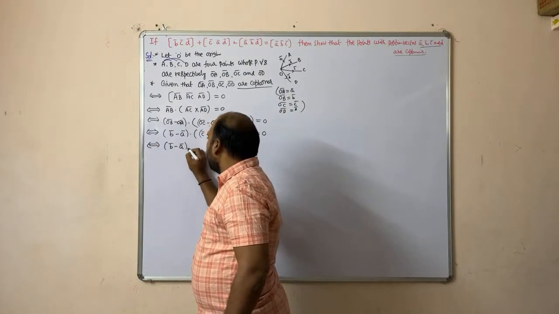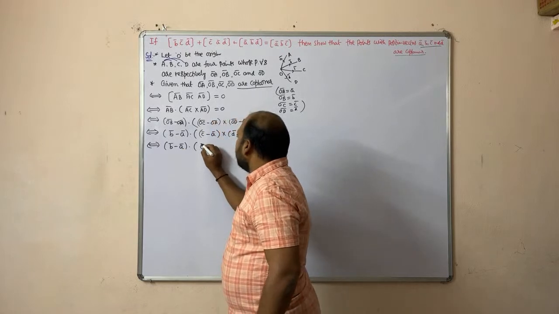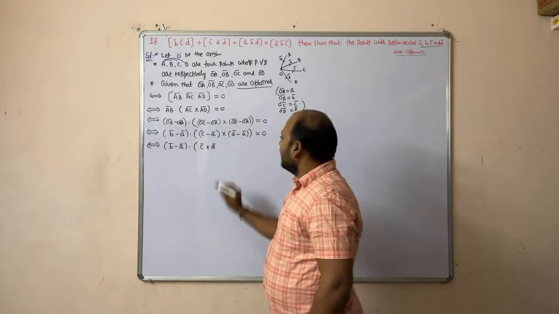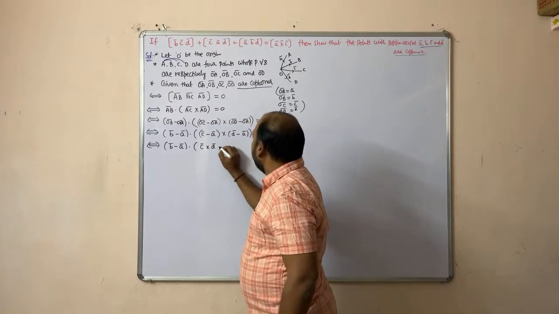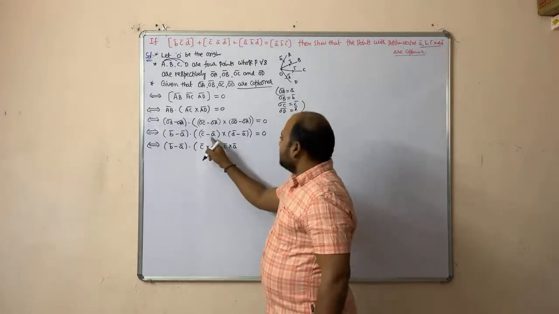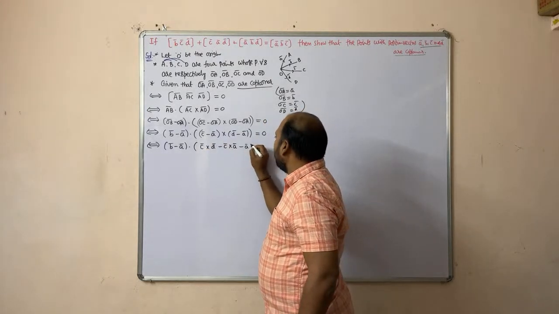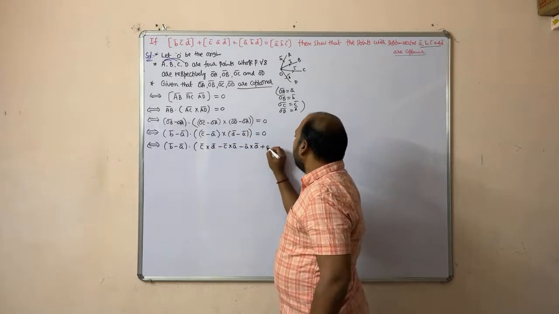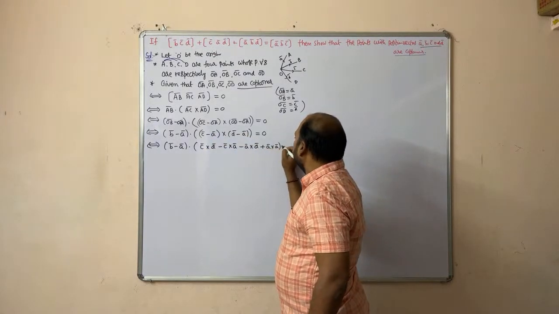B bar minus A bar dot C bar cross D bar, okay, minus C bar cross A bar, next minus A bar cross D bar, minus into minus plus A bar cross A bar.